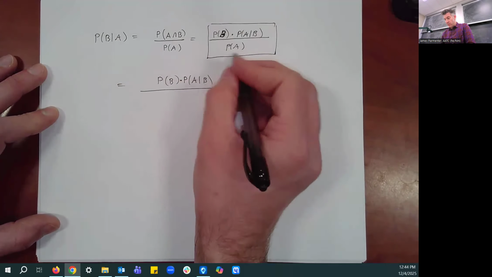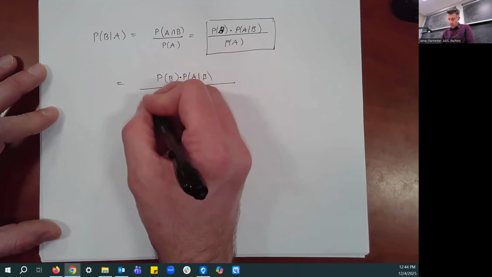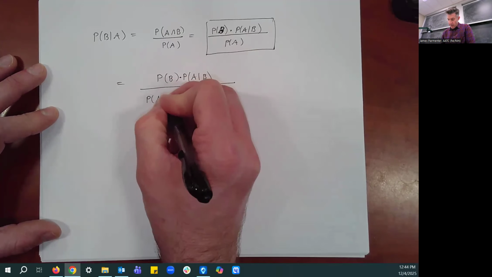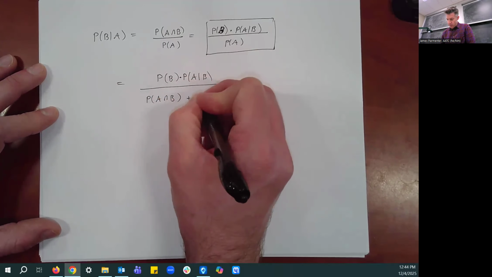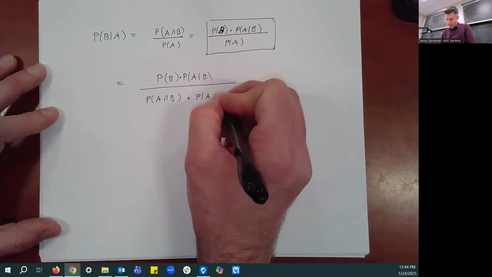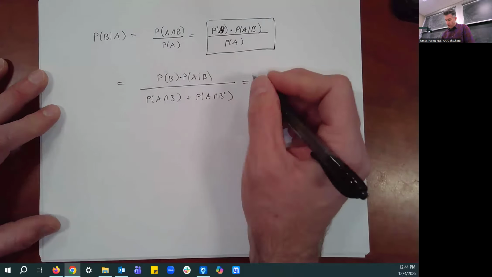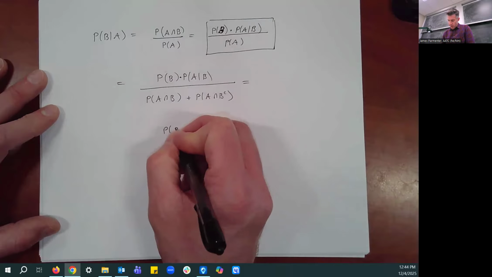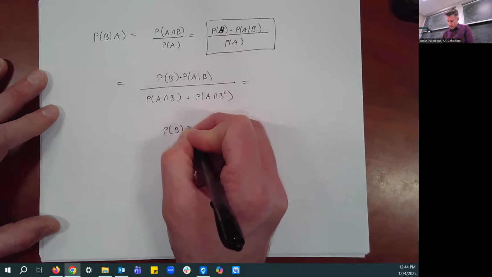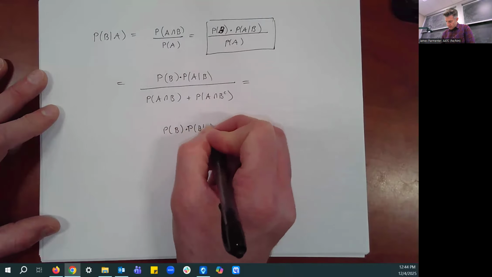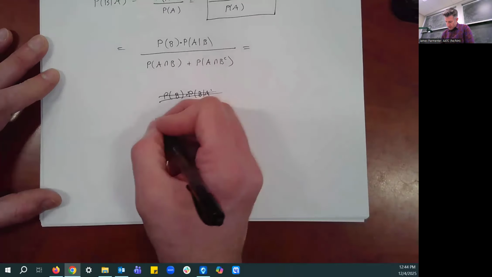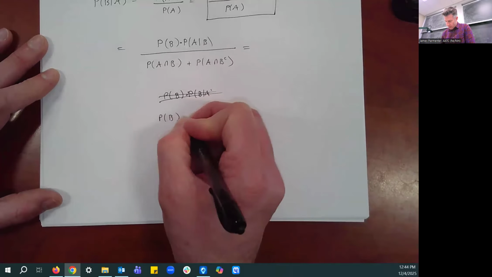Divided by the probability of A, which I'm going to write as the probability of A and B plus the probability of A and B complement. Law of total probability. And then I would take it one step further. The top is still the top, which means you have to write it the same way you wrote it before.